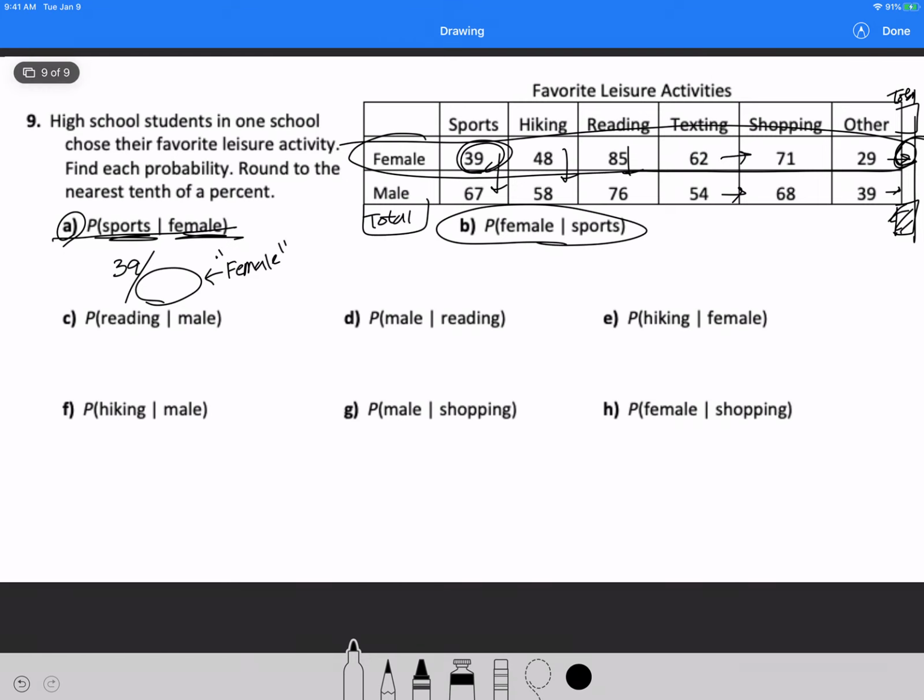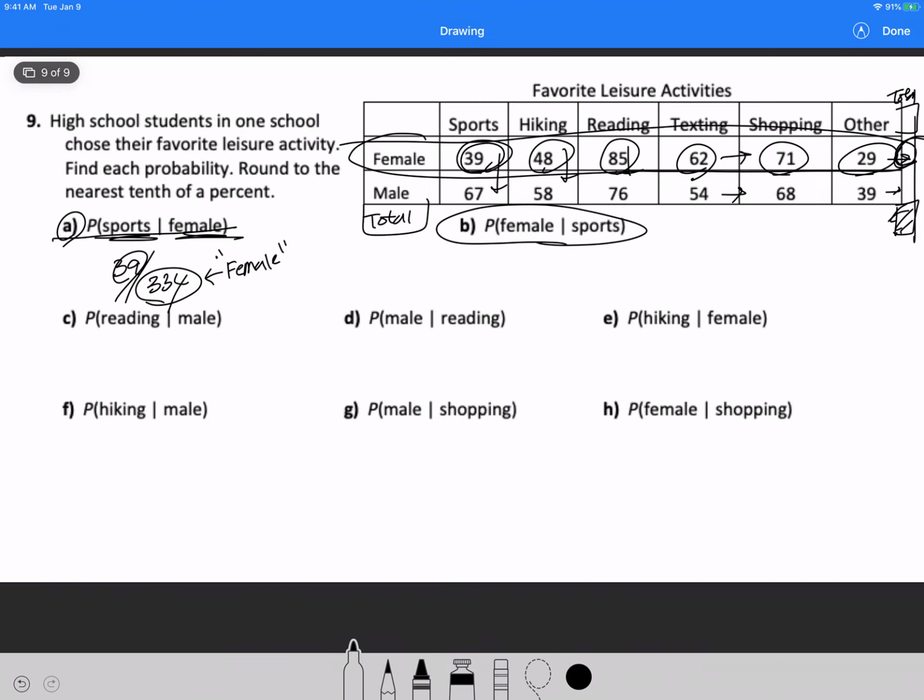So it's 39 plus 48, which is 87, 172, 234, 305, and 334. I believe that's my total number, if I'm not mistaken. So just to verify, I'm going to use my calculator. I should probably have done that in the first place. Yep, it's 334. So that's going to be the number of females. And out of those people only, how many of them play sports? Well, that's 39 of 334.